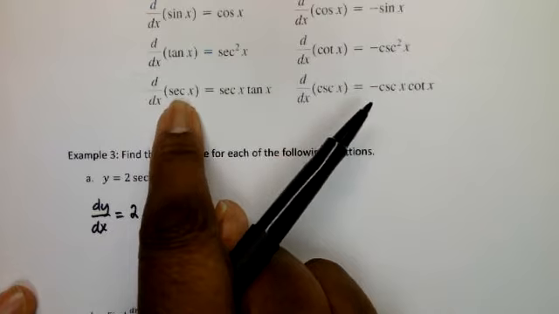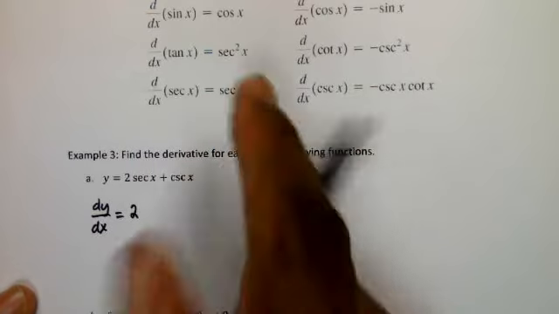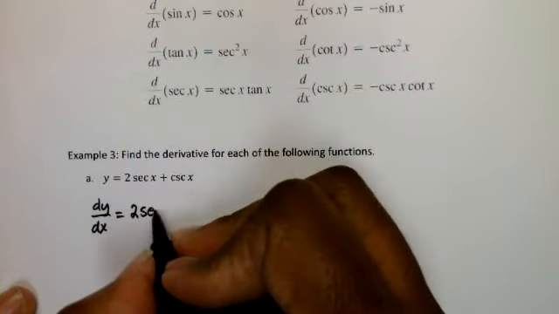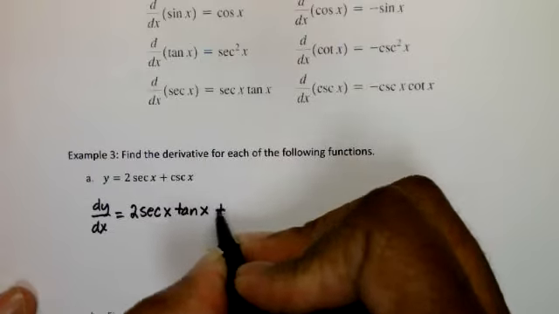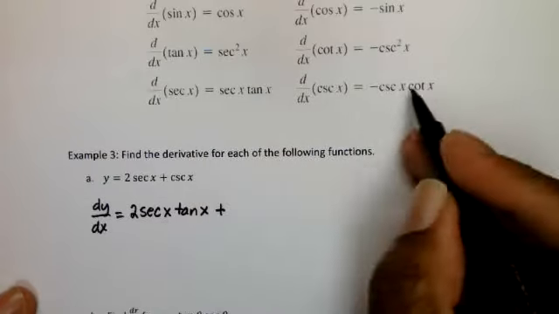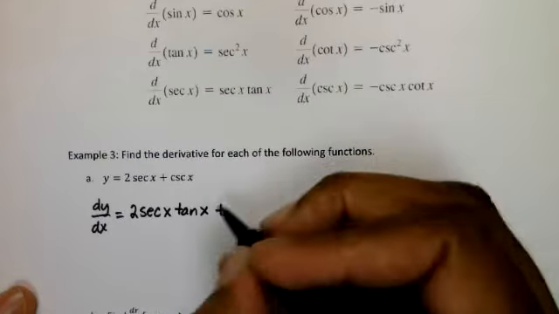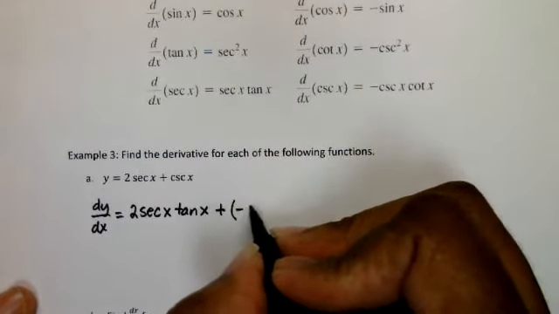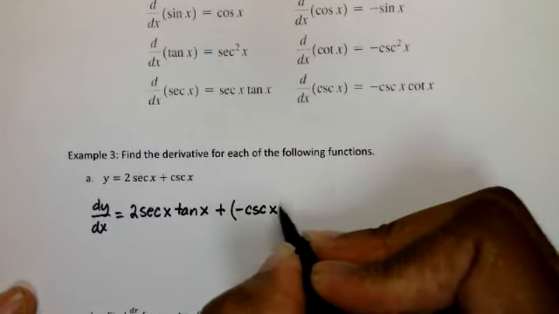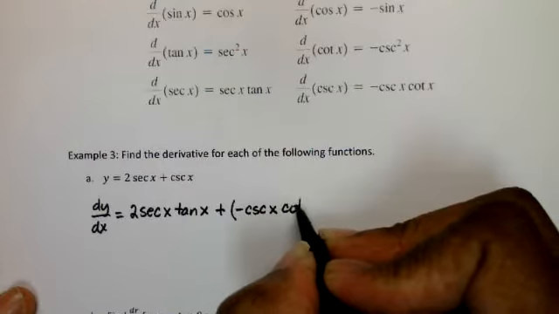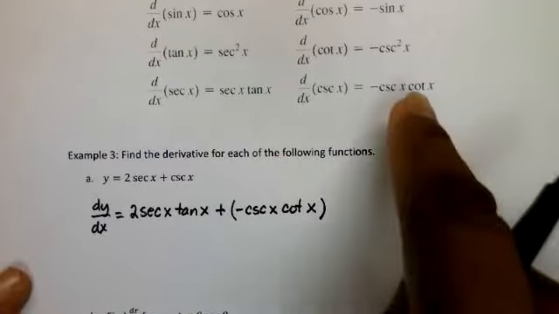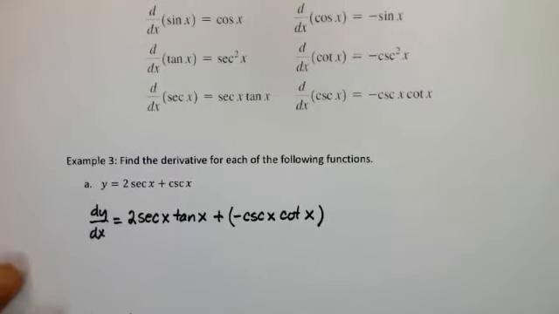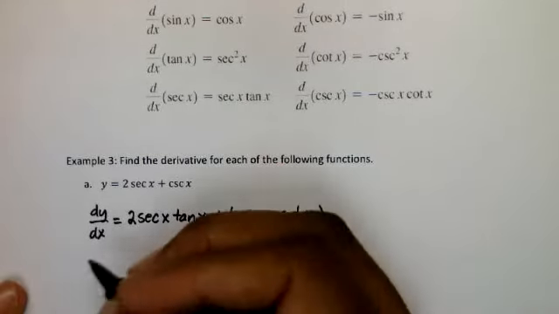The derivative of the secant is this, secant x tangent of x. Then plus the derivative of the cosecant of x, that's this part right here. That's going to be negative cosecant x cotangent x. So all I'm doing here is using these trig derivatives to find the derivative of that function.